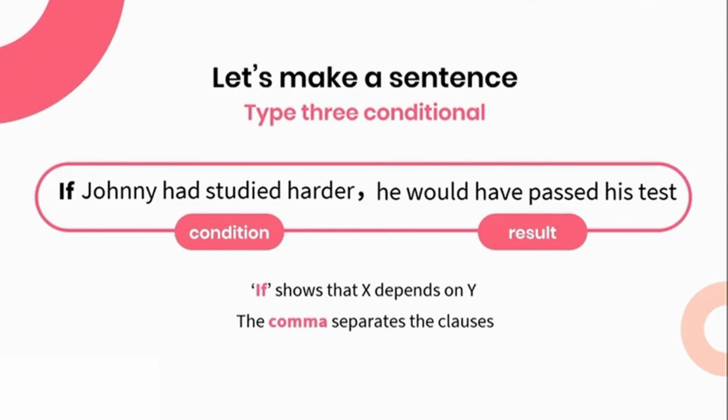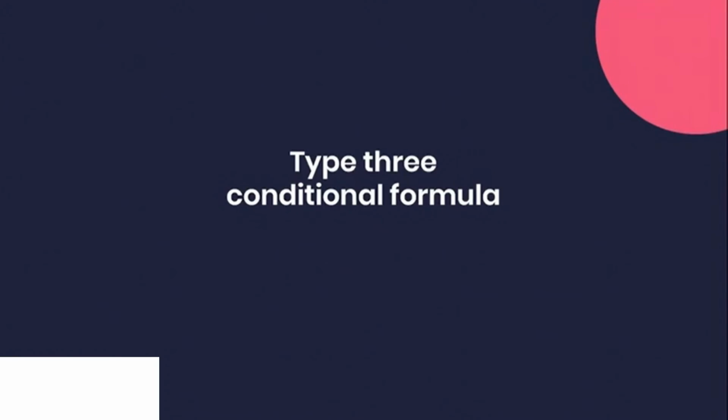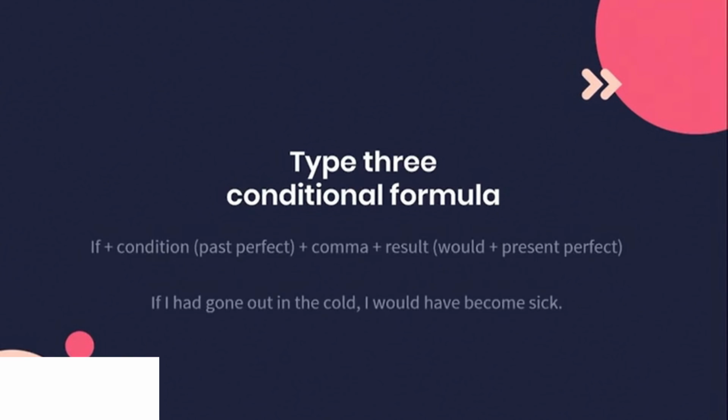Then remember that the condition is in past perfect tense and the result's form is would plus the present perfect form of the verb. Can you imagine what the type 3 conditional formula would be? It's if plus the condition in past perfect tense plus the comma plus the result in the form would plus the present perfect form of the verb. For example, if I had gone out in the cold, I would have become sick.